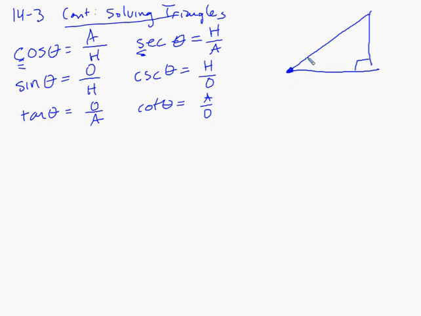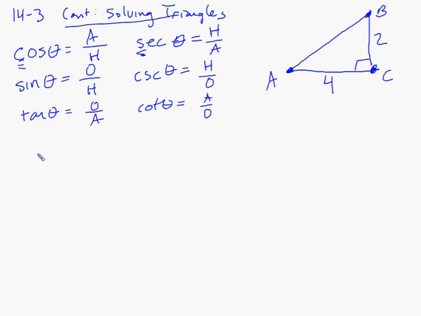Alright, so let's have a triangle. Let's say I have this side is 4. Let's say this side is 2. I like that. And this is triangle ABC.